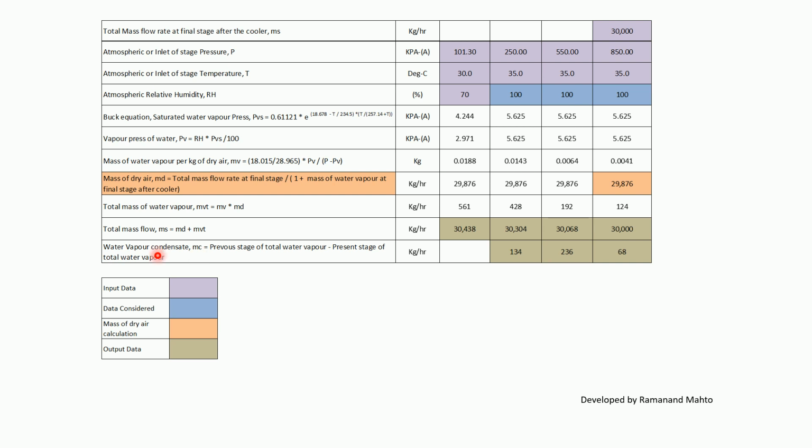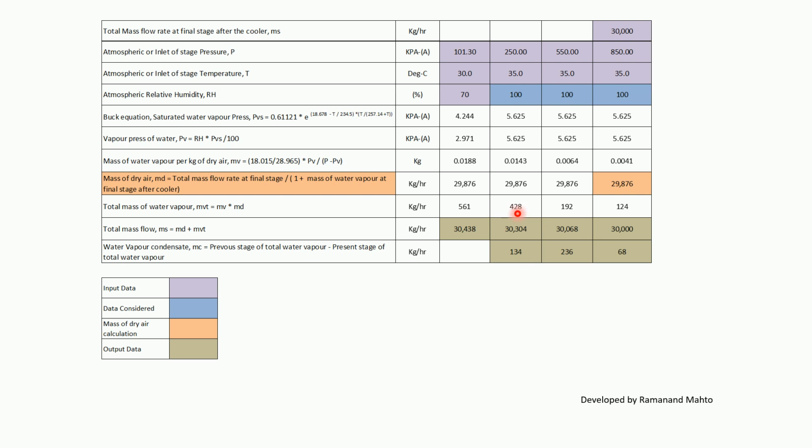Now to calculate the water vapor condensation, we take the previous stage total mass of water vapor minus the present stage total mass of water vapor. The total mass of water vapor is this. So you have to calculate here, this minus this, 561 minus 428 becomes 133.